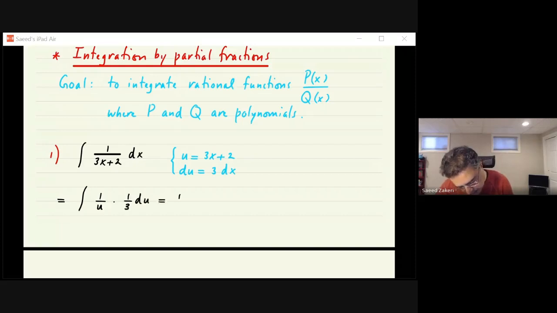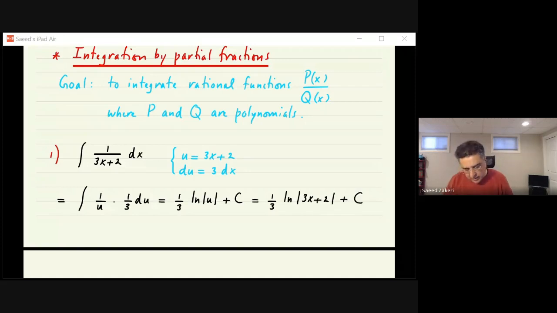So this is 1/3 of integral of 1 over u, which is ln of absolute value of u plus a constant, which is 1/3 ln of absolute value 3x plus 2 plus a constant.